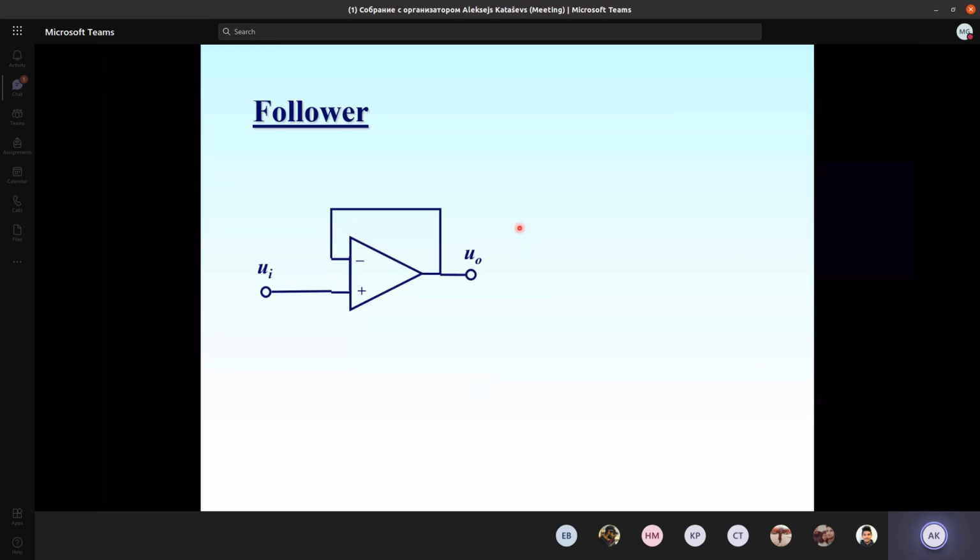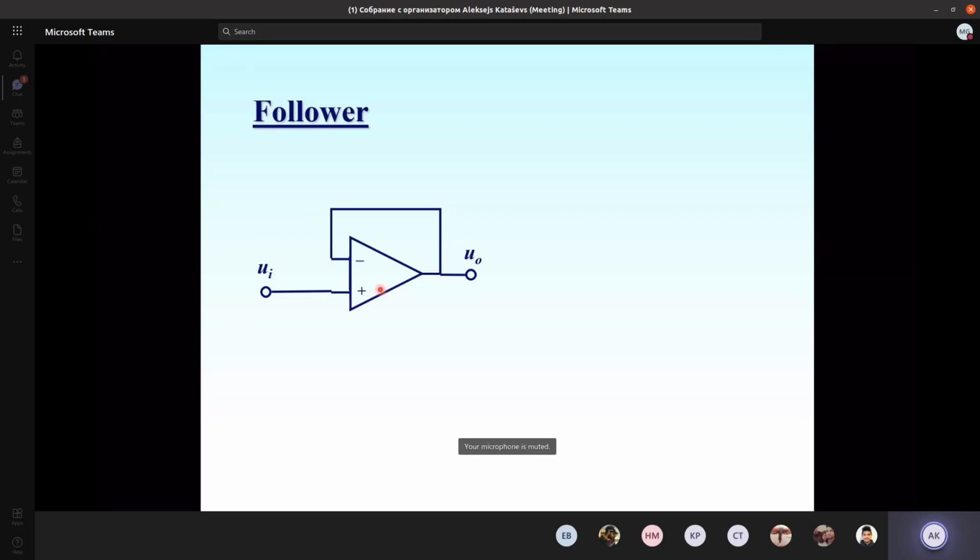So the amplifier which is called the follower. If we look at this amplifier, we certainly see the feedback, and following that, what could we say about the voltages on the positive and negative inputs? So there is a feedback. How should the amplifier behave?